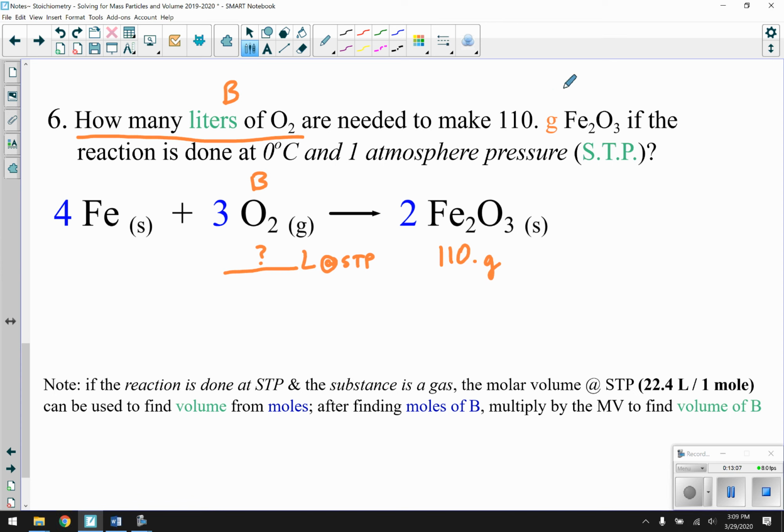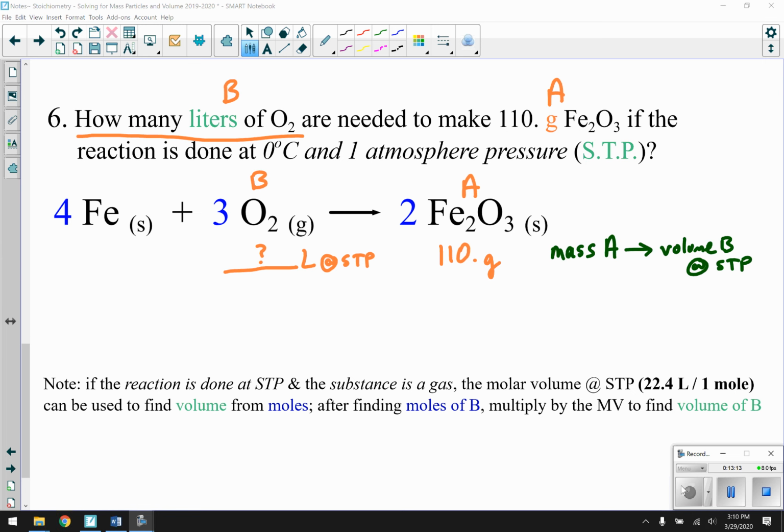So this is my known, this is my A, this is the amount I'm going to start with. Looking at my units to do the diagnosis from my 6-step problem-solving process, this is a mass of A to volume of B, because B is a gas at STP. It's going to be volume of B at STP.